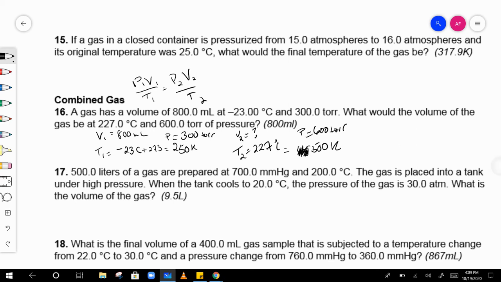Okay, we set it up. So it's P1 V1 over T1.